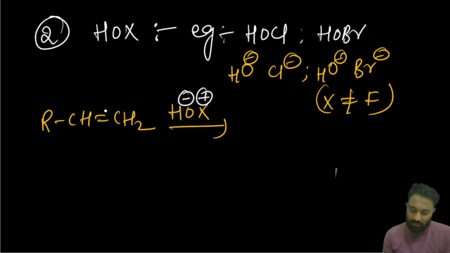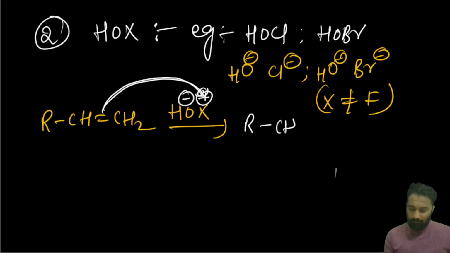Because this electrophile is having a lone pair of electrons, due to that it will form what? First, when the pi bond gives its electron pair to the electron-deficient halogen, the halogen will form a bond in this manner.